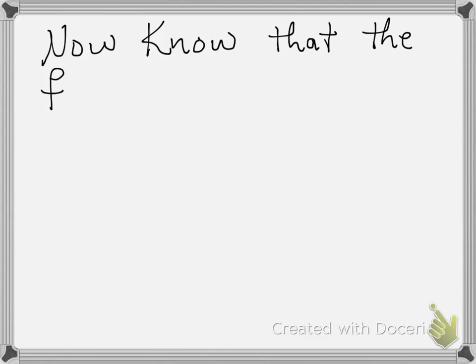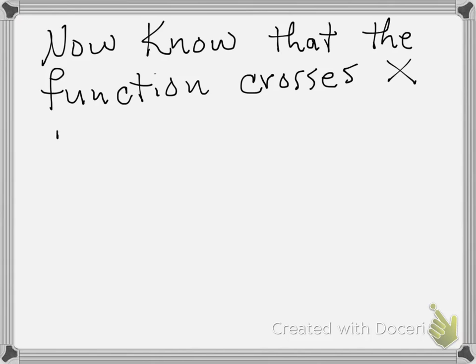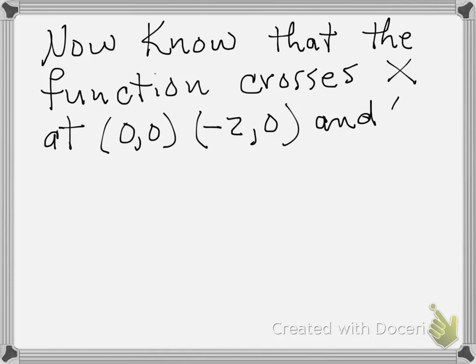So we now know that our graph, we know the end behavior, and we know it has zeros, and it crosses the x-axis at the points 0, 0, -2, 0, and 3, 0.